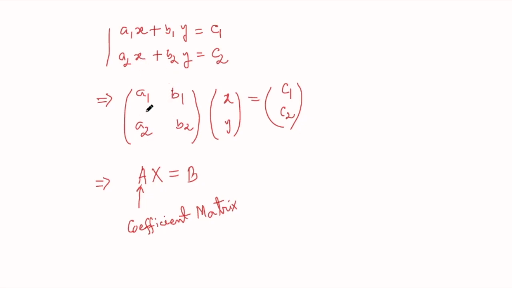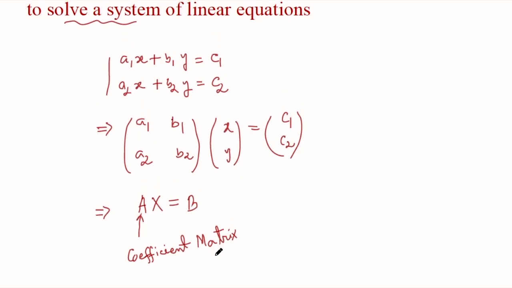The first column in this matrix is the coefficients of x, and the second column in this matrix is the coefficients of y. So since these components are the coefficients of x and y, that's why matrix A is called the coefficient matrix. Since I use matrix, first you need to know what is a matrix.